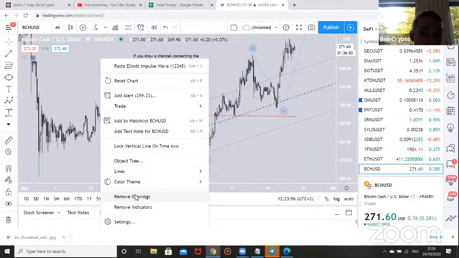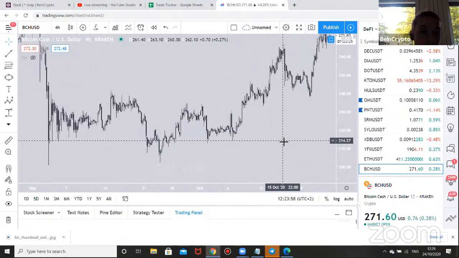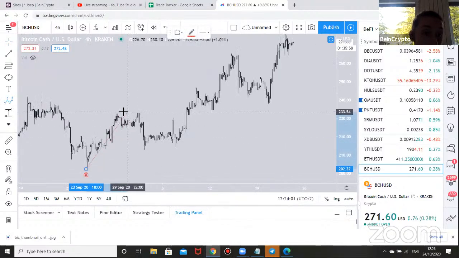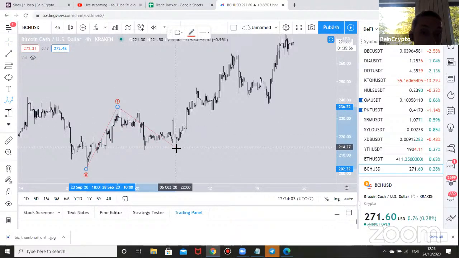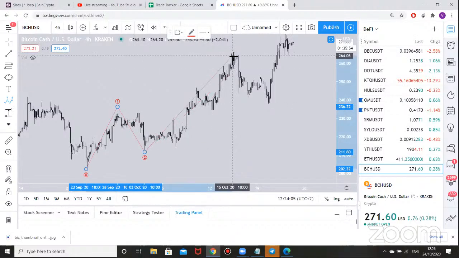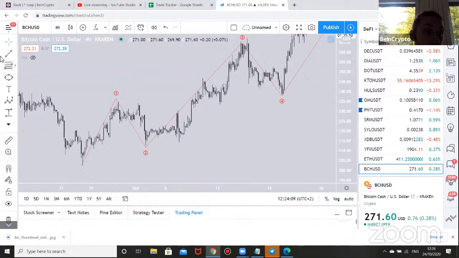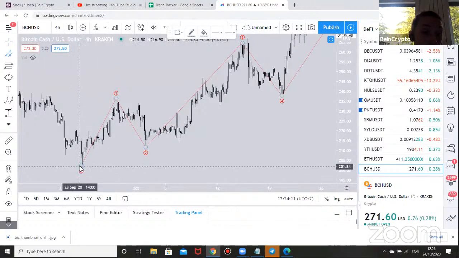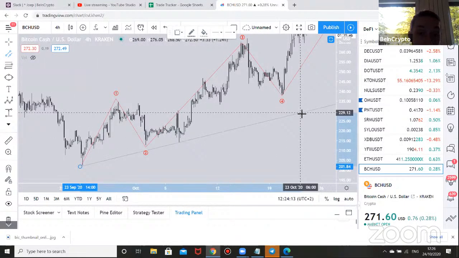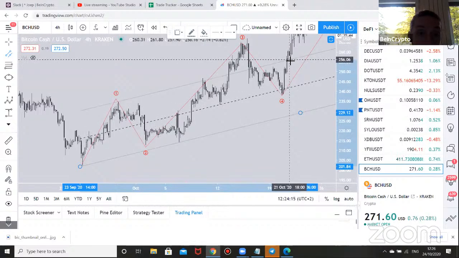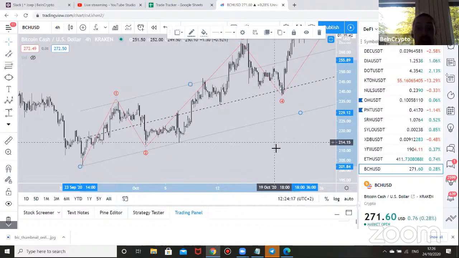Remove everything. So again, you had this. Whatever, fifth wave is going higher. You draw a channel connecting the bottom of waves 1 and 2. Again, I drew it incorrectly. And wave 4 comes right here.